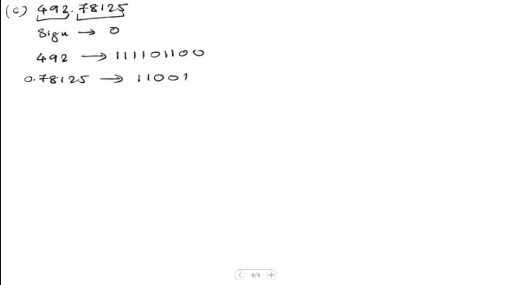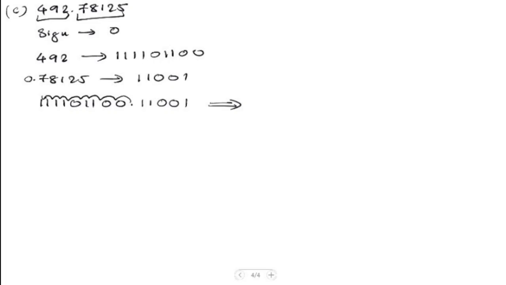And then what we do is we normalize the values. So now the value is 4 ones, 0 1 1 0 0, decimal, then 1 1 0 0 1. To normalize this, we have to move the decimal point to this position here. So we move 1, 2, 3, 4, 5, 6, 7, 8.